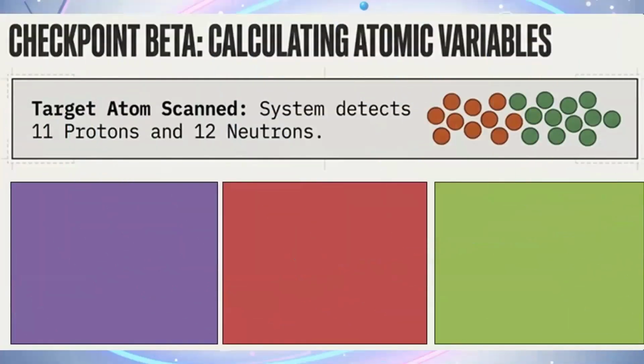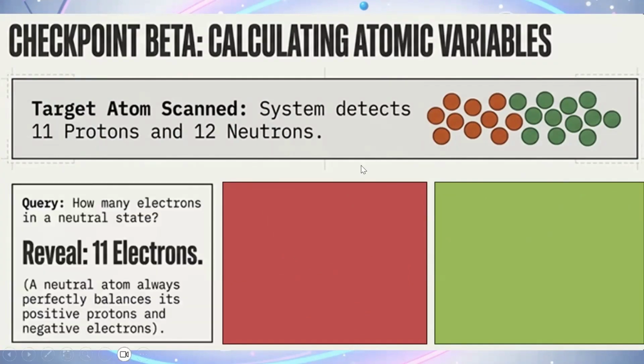Now, for the previous question, we will start challenge question 4. What is the atomic number and mass number for the atom above? It has 11 protons and 12 neutrons. Take your time. We just need atomic number and mass number from this data.